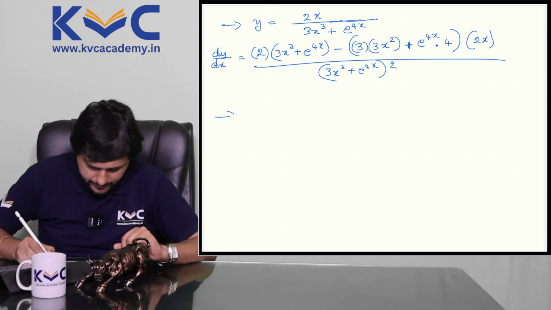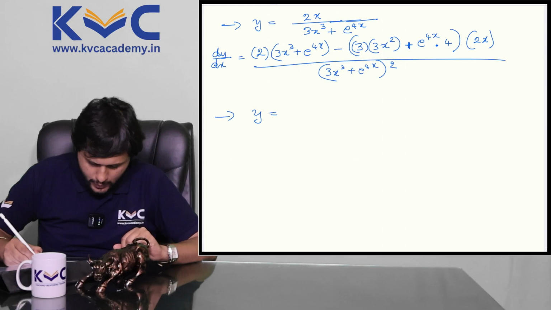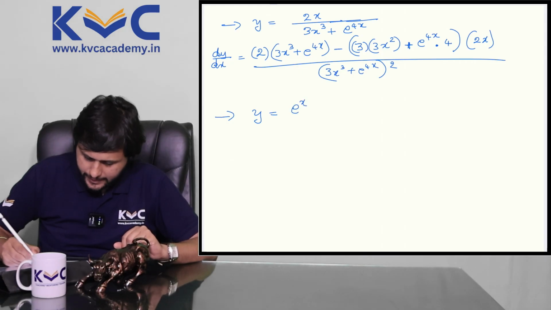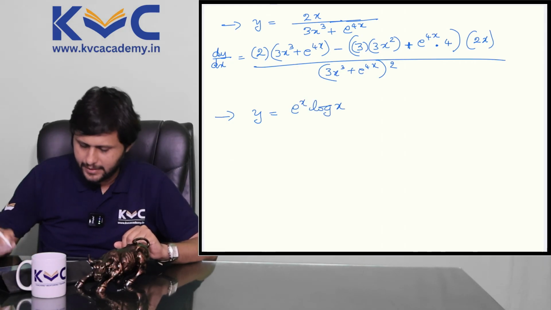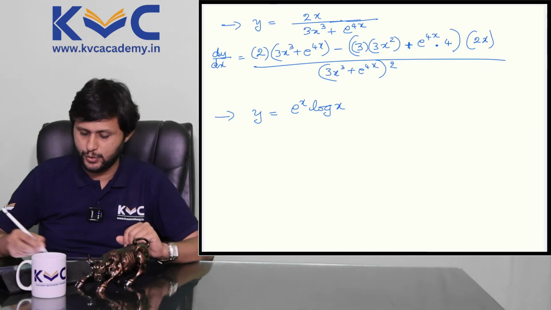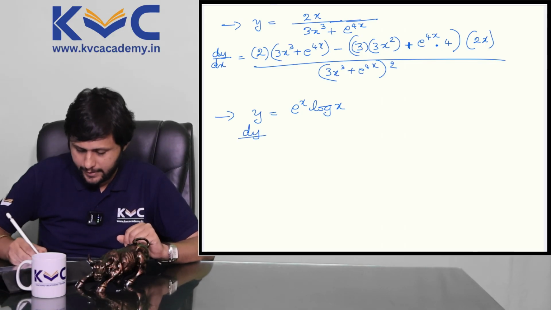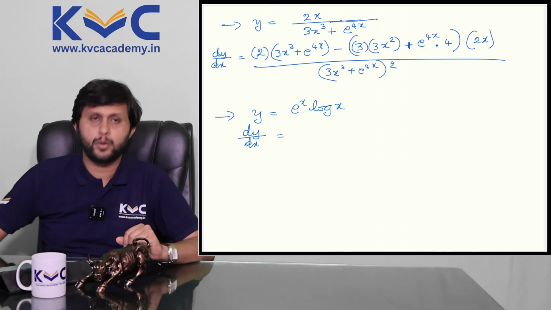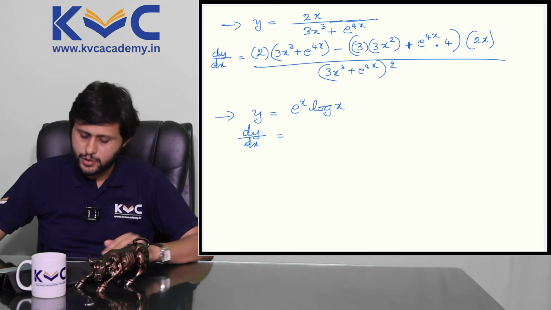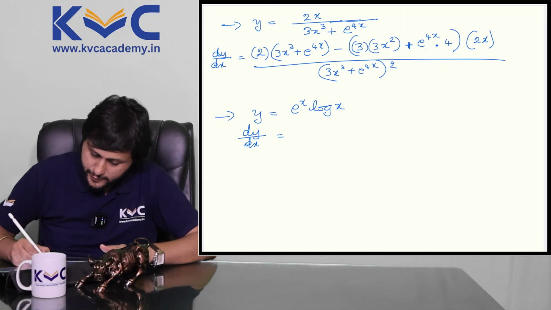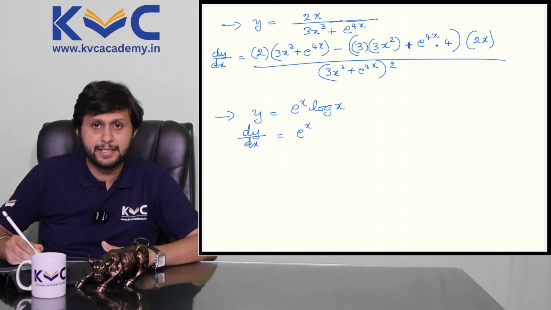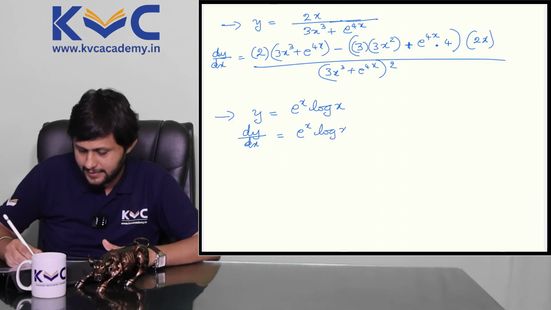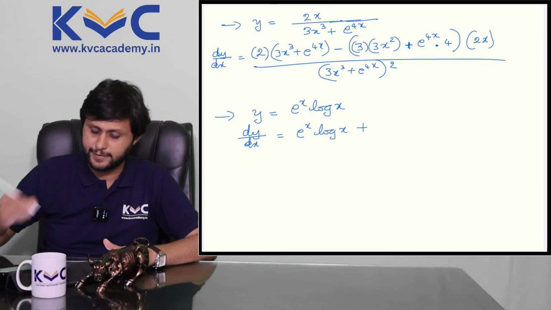We'll take one more example. y is equal to e to the power x log x. A comparatively simpler question, okay? Product rule. dy by dx. What do we do in product rule? Differentiation of first function. Differentiation of e to the power x is e to the power x, second function as it is, plus differentiation of second function.